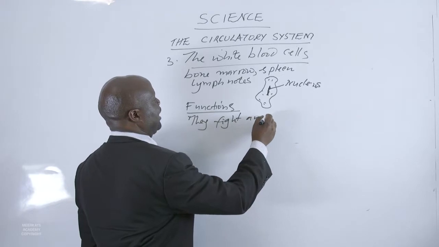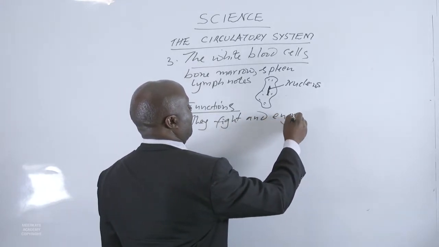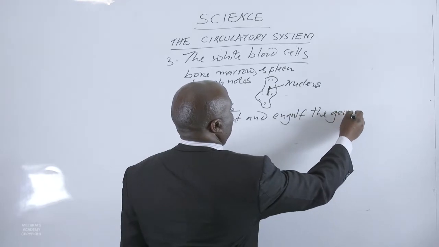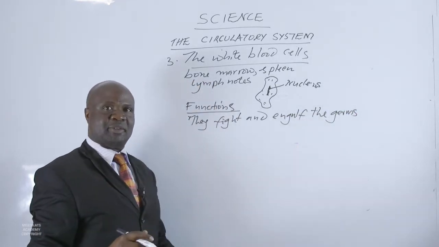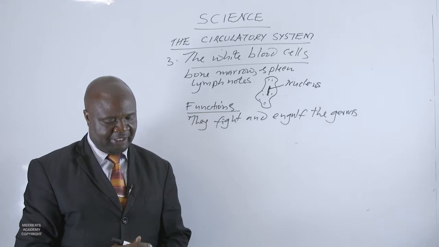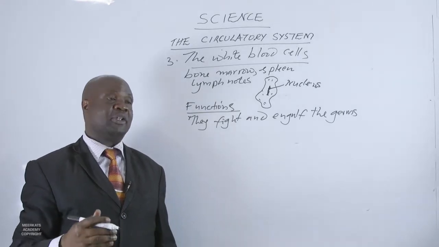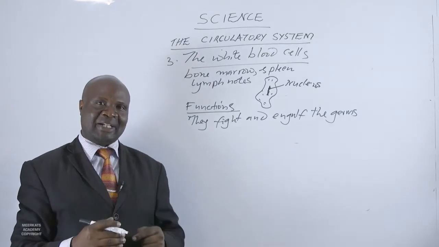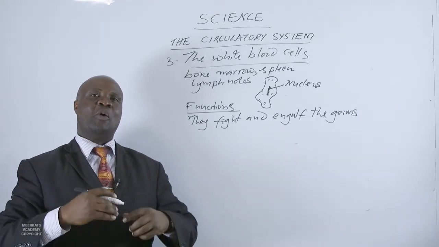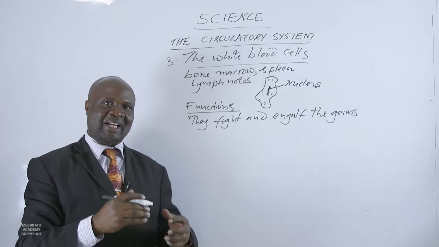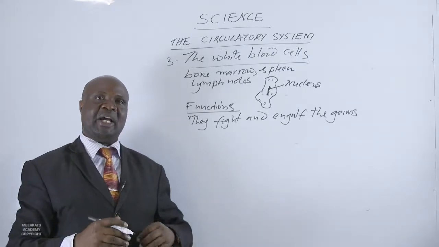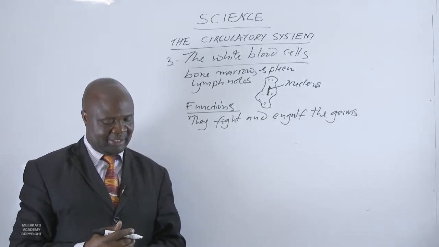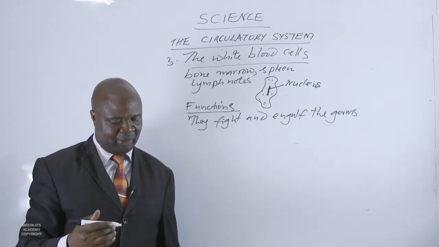When they engulf the germs, they completely destroy them. So if there is any germ trying to enter the body, the white blood cells have a responsibility of fighting that foreign body, and they will engulf that germ.